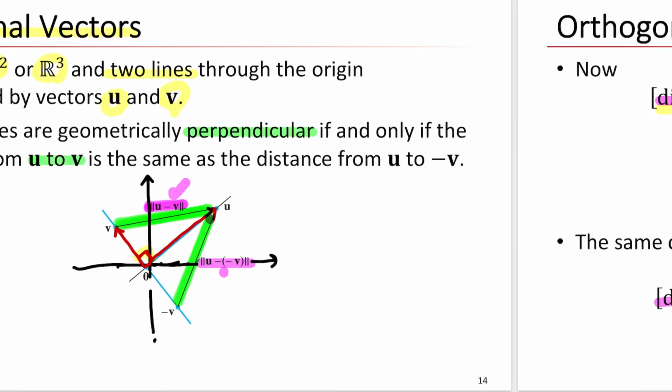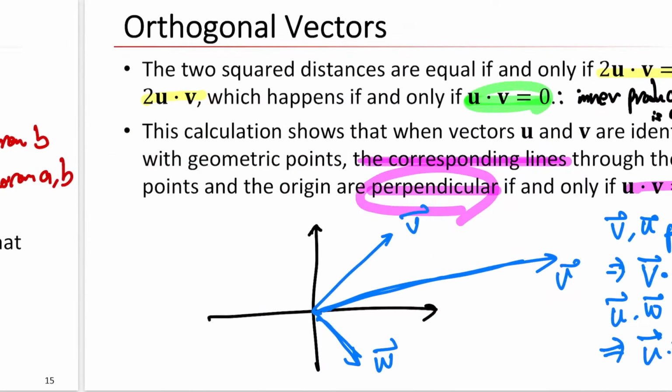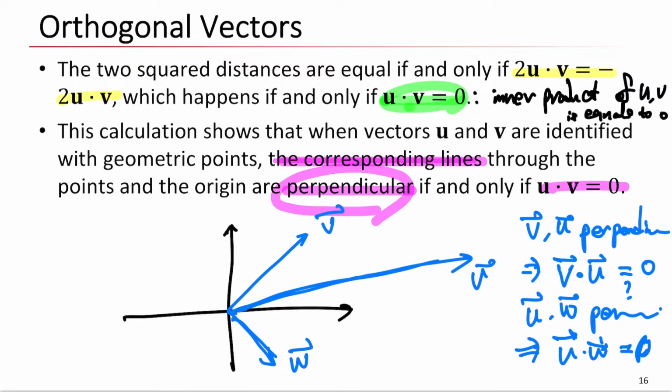Then we can derive a new formulation. The distance between u and minus v, and the distance between u and v, these two lengths should be the same. So finally we can derive this one.